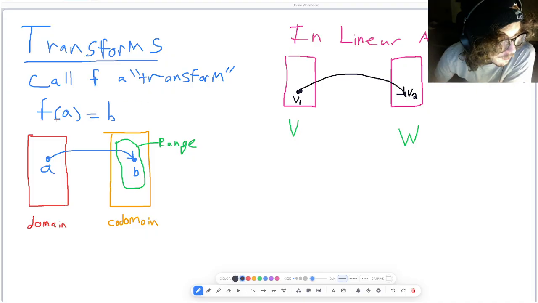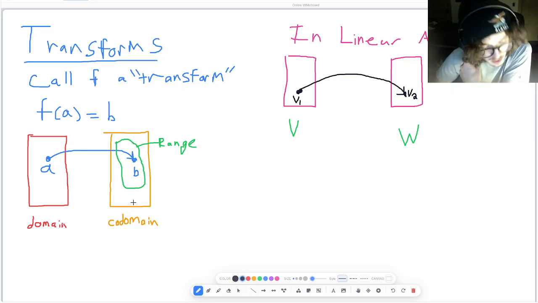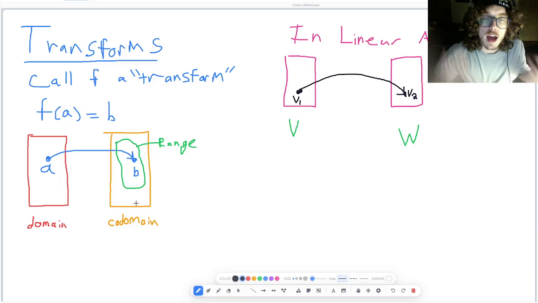If we have a function f and we put in some value a in the domain, we get out some value b in the codomain. Specifically, all possible values that the domain can map to is called the range. We're going to get a little more technical with our math now that we're in linear algebra. You're probably taking this past Calc 2, Calc 3, just bordering on differential equations.